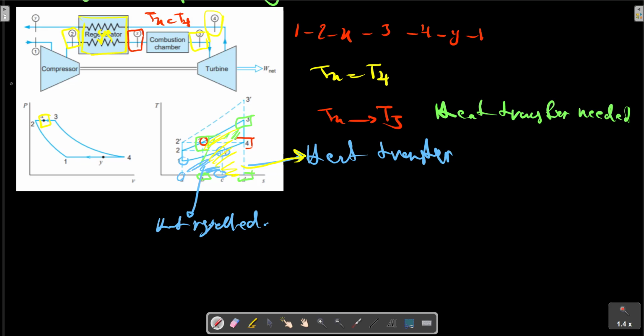The influence of pressure ratio on the simple gas turbine cycle with the regenerator is shown by the cycle 1, 2 prime, 3 prime, 4, 1.